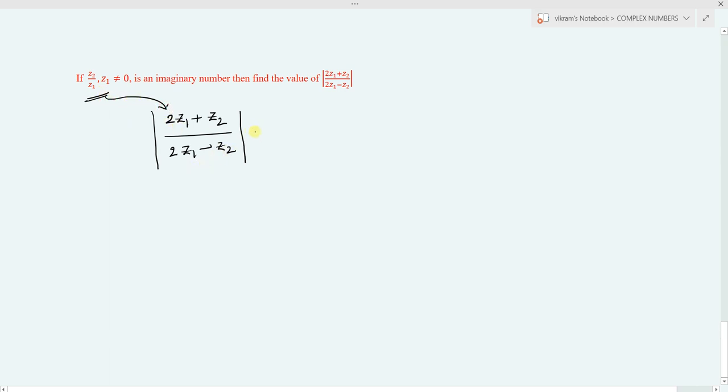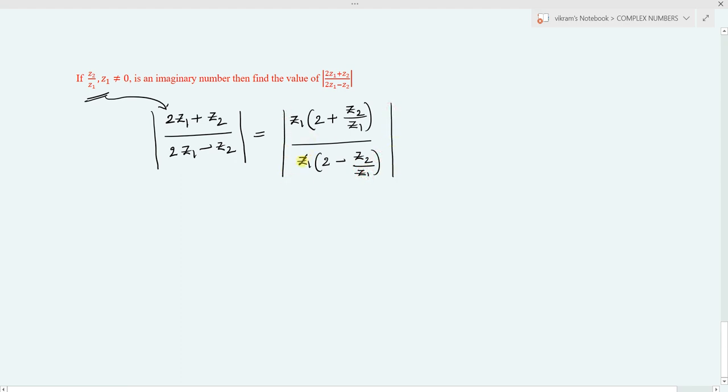How to use this? Simply take z1 as common from the numerator, then we can write it as 2 plus z2 by z1. Similarly, taking z1 as common in the denominator, we can write 2 minus z2 by z1, modulus.